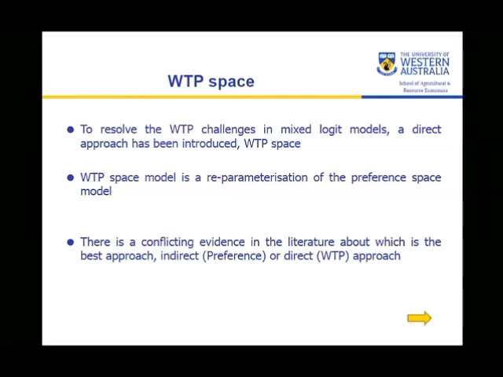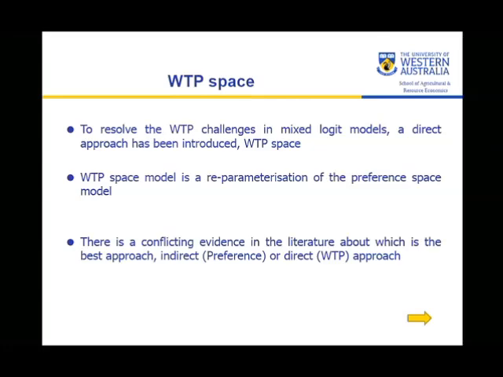What if we take a direct approach, such that the coefficients that we get from our model estimates are directly willingness to pay estimates? So we don't have to go through the second stage of dividing. And if that is the case, then we have control over the distribution that we choose for our willingness to pay estimates. So then we can avoid issues with log normal to log normal or normal to log normal distributions.